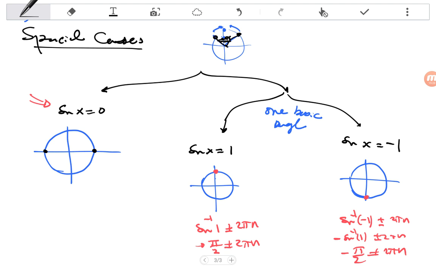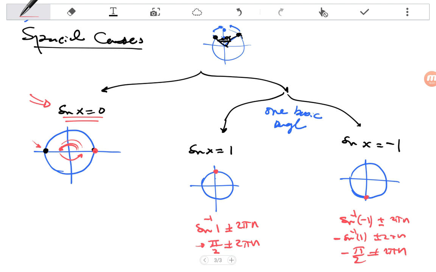So we dealt with each basic angle by itself. Then we added multiples of 2 pi for each of them. But in this case, we can consider the solution to take one of them to be the basic angle, and instead of adding multiples of 2 pi, we will add multiples of pi only. So adding 1 pi will just give me that other basic angle, then adding another pi will just give me that one, and so on.